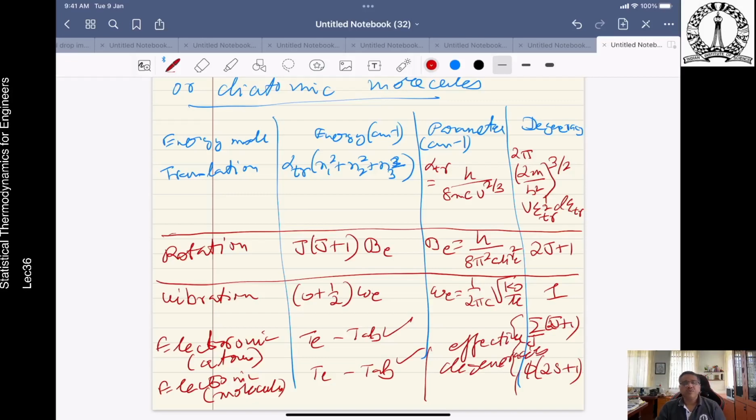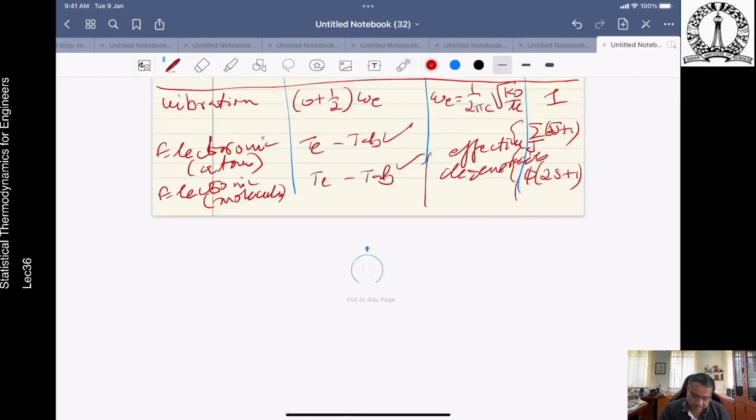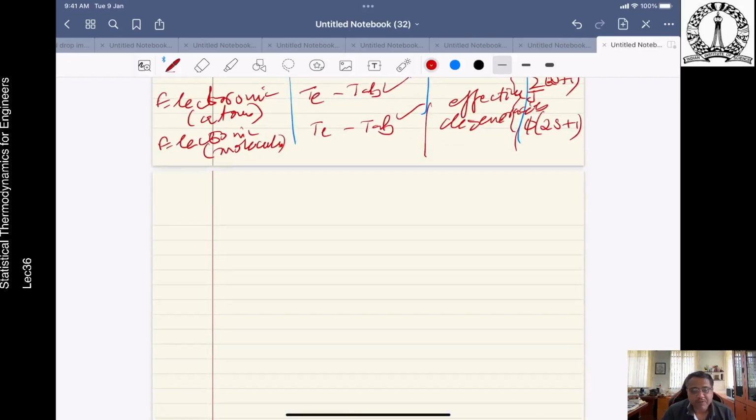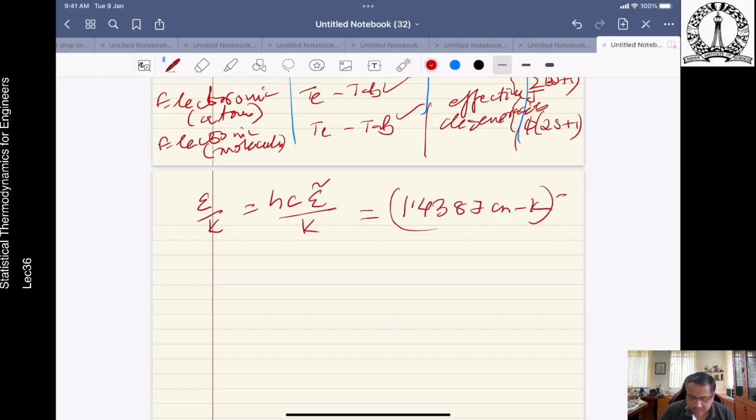Okay, so now in calculating the thermodynamic properties, it may be prudent to cast all these energies in terms of the temperature. For example, you can easily convert to temperature by hc over k, which is about 1.4387 centimeter Kelvin, times the energy.